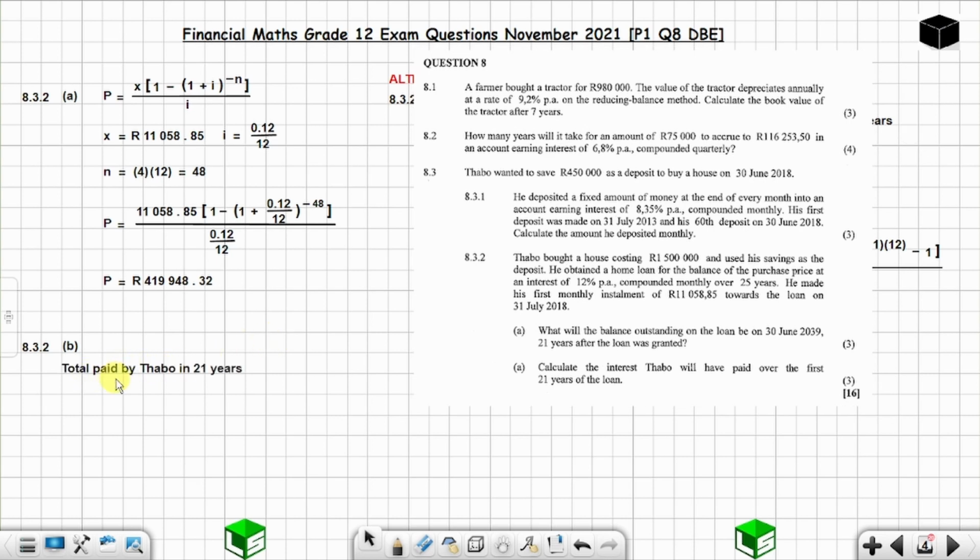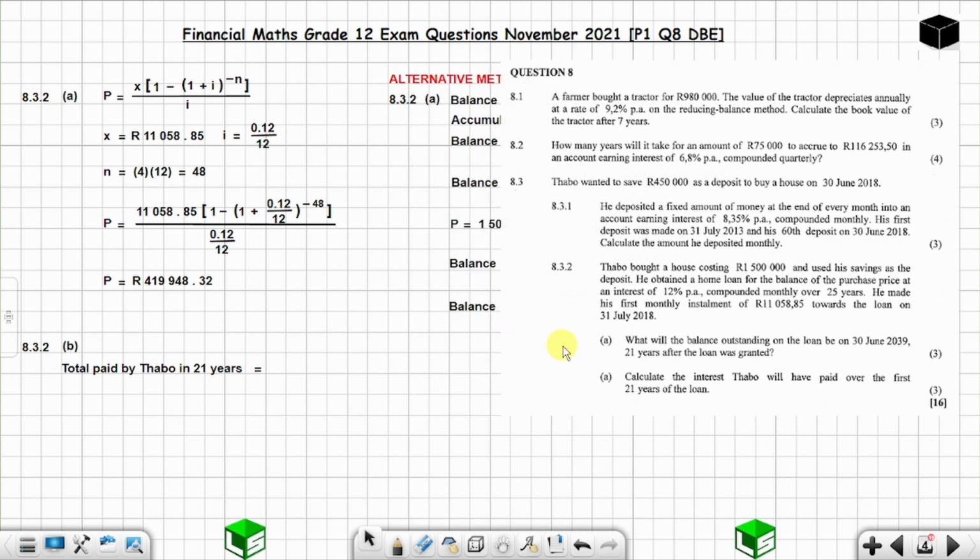Total amount paid by Thabo in 21 years. Okay, the total paid by Thabo in 21 years is equal to, when you calculate, you can see this is what he is paying every month. So he is doing it every month, right? Times 12, and times 21 because we want to know the interest for 21 years.